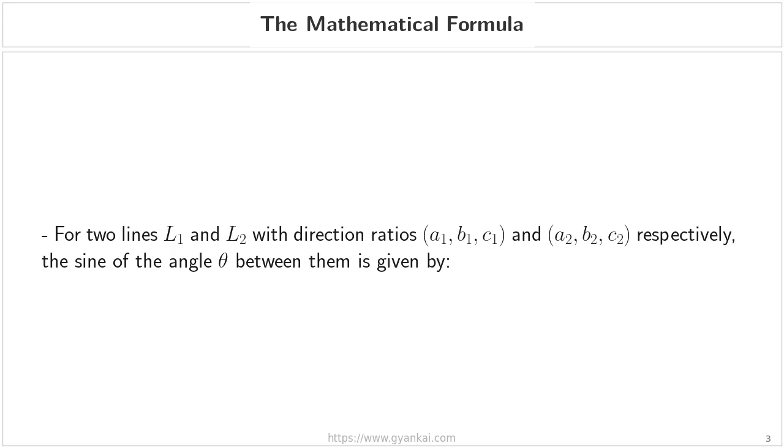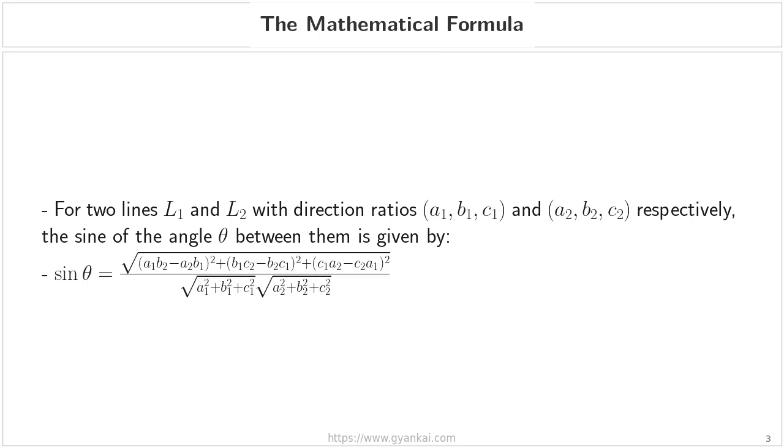The mathematical formula. Now that we understand the trigonometric identity that links sine and cosine, let's look at the actual formula we can use in practice. For two lines, let's call them L1 and L2, which have direction ratios of a1, b1, c1 and a2, b2, c2 respectively, the sine of the angle theta between them is given by this expression.